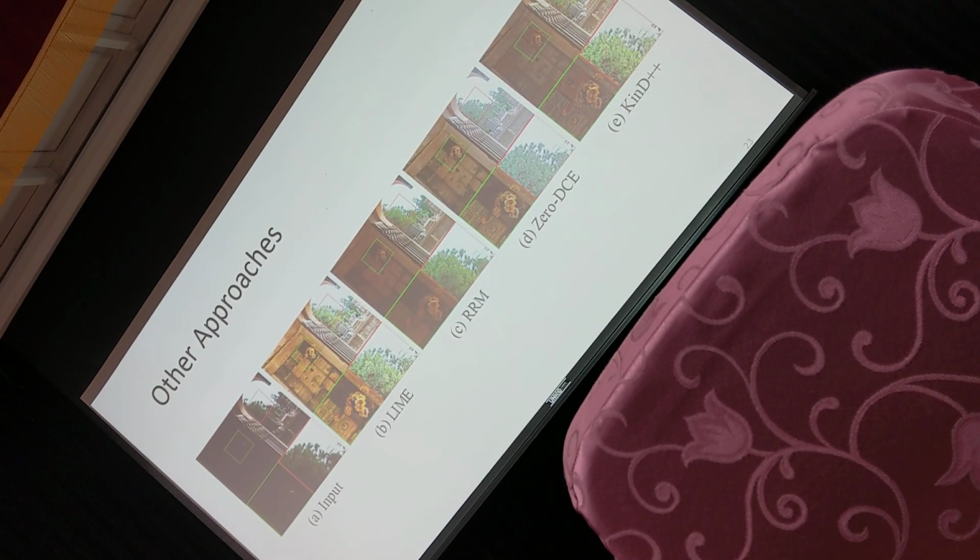And there are a lot of other approaches to address this problem, low light image enhancement. But you can see a common point in their approaches: they always expose or increase the brightness of the images to get a higher PSNR, or the intensity of the image, to deal with the quality of the image.